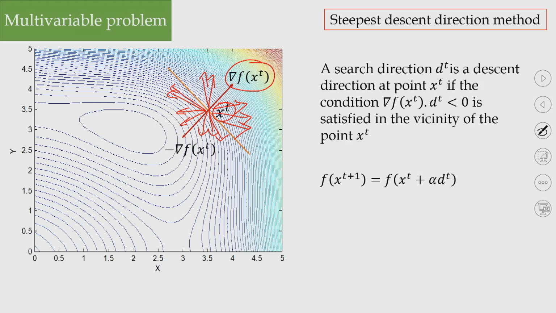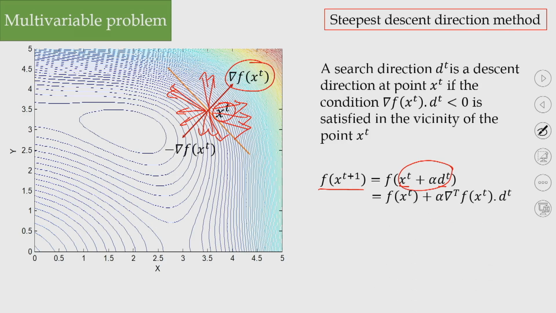I can write f of x t plus 1, which is another point, if I go along that direction dt from x t. So, f of x t plus 1 equals f of x t plus alpha dt. I am going along direction dt from x t.